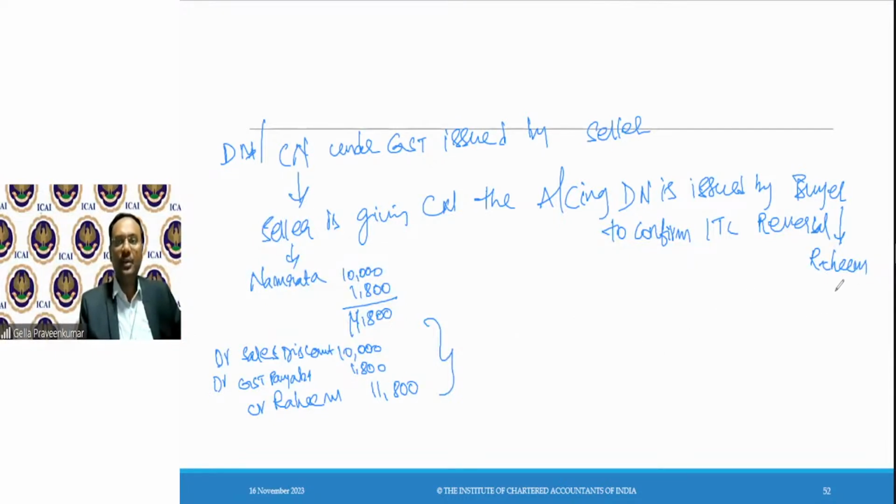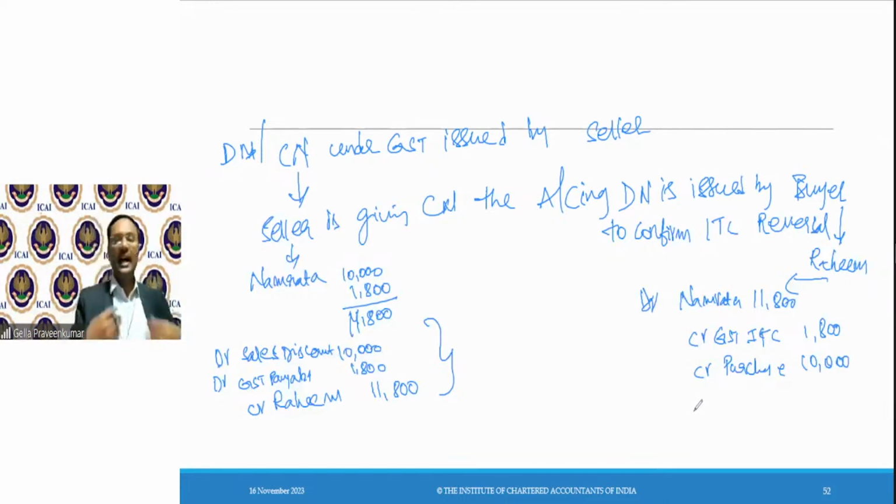So what will Rahim do in his books of accounts? Rahim will say, debit Namrata 11,800, credit GST ITC 1,800, credit purchase 10,000. So Rahim says, I'm going to reduce my purchase value.